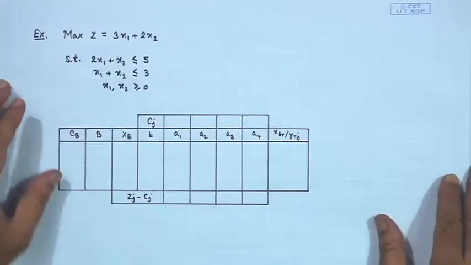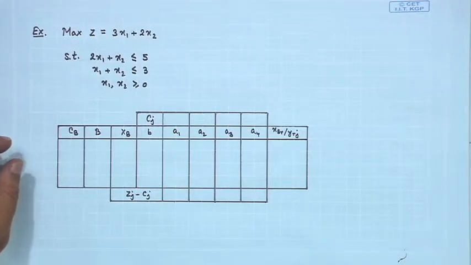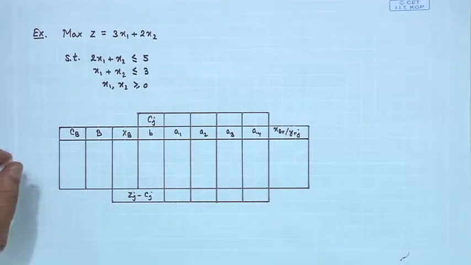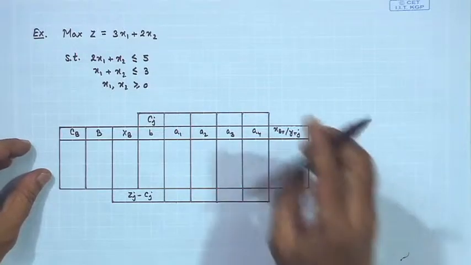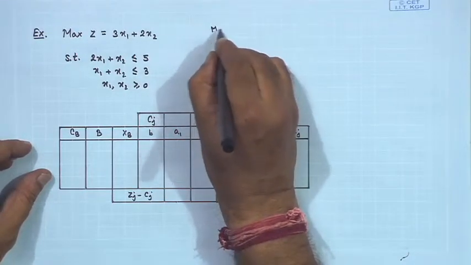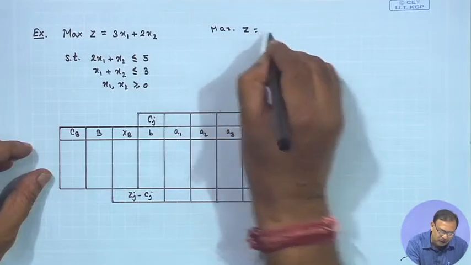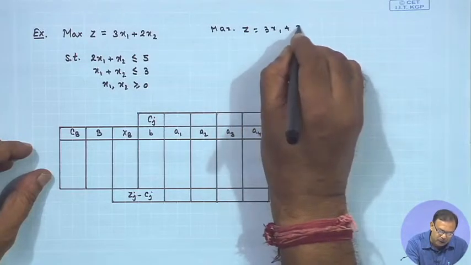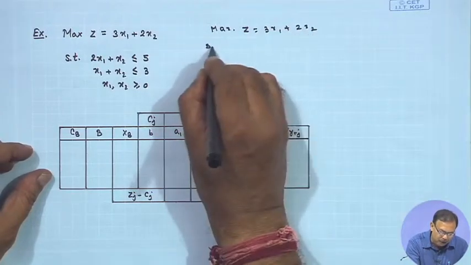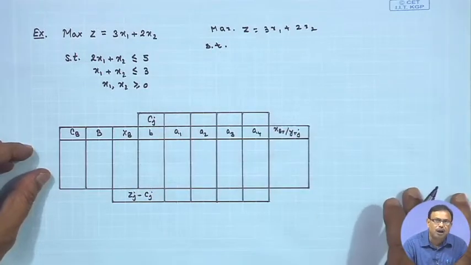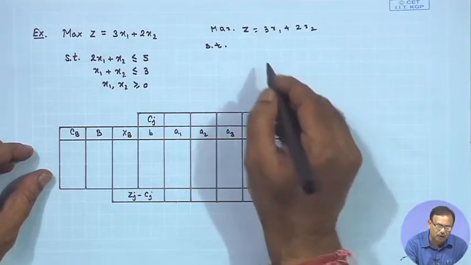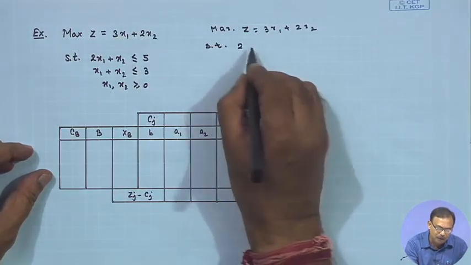Now, let us take another example of some other type. The problem is in the canonical form already. Maximize z equals 3 x 1 plus 2 x 2 subject to less than equals type constraints. In standard form, you can write maximize z equals 3 x 1 plus 2 x 2 subject to making both the less than equals type constraints into equality constraints by introducing slack variables.